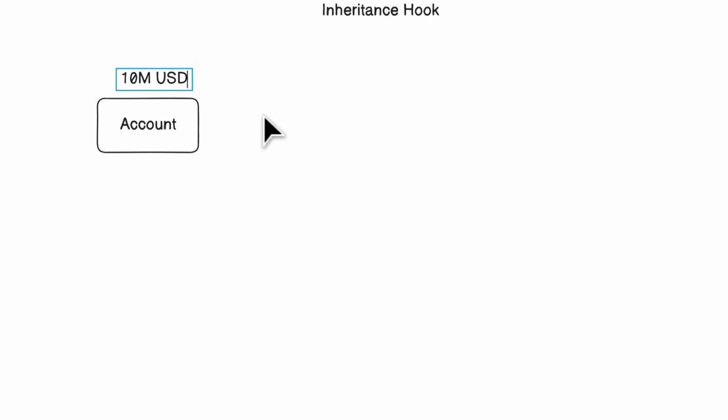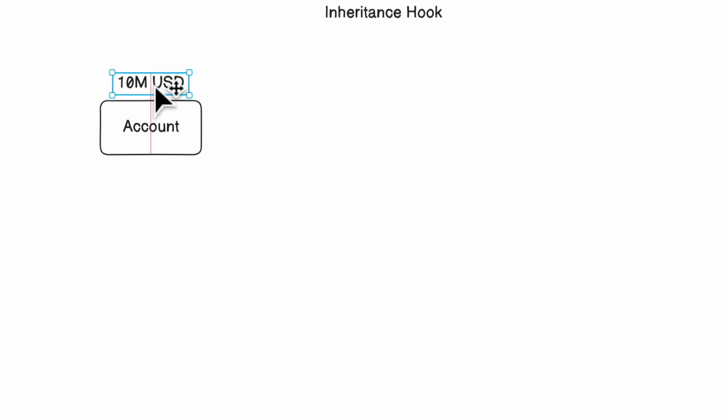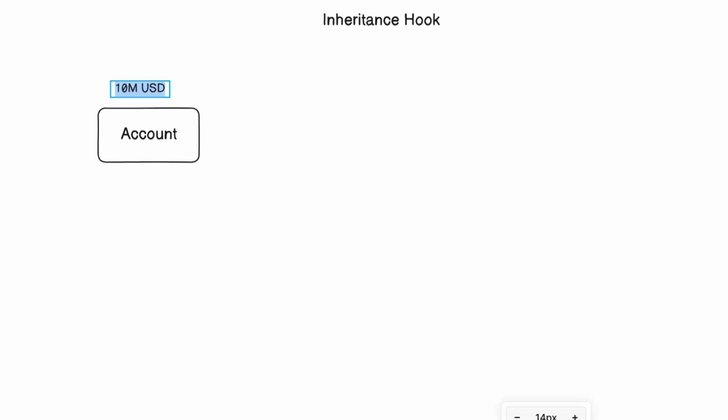So let's say this is the main account, and suppose it has 10 million USD in it. Whatever is left in this account, the person wants to pass it on to the nominee.